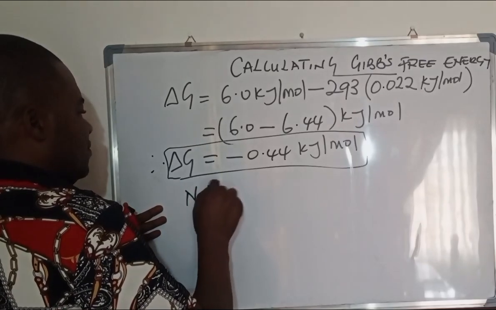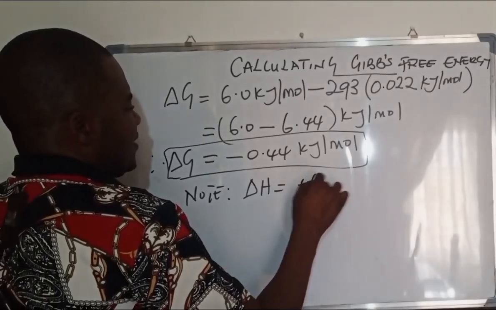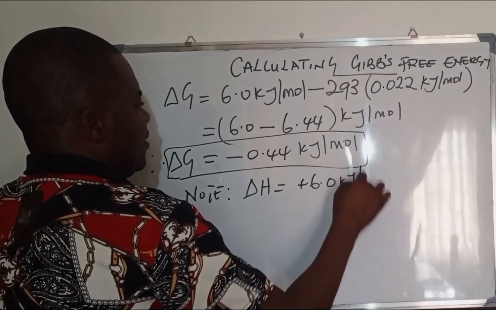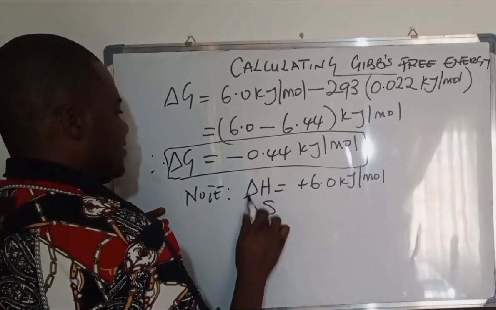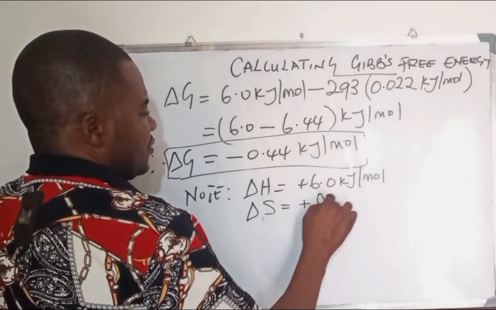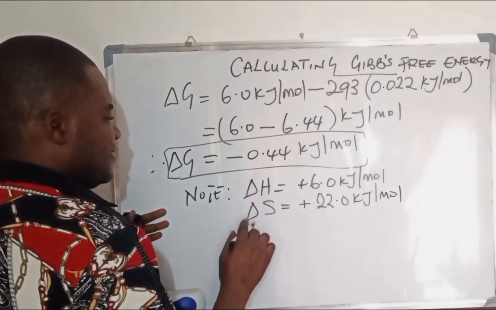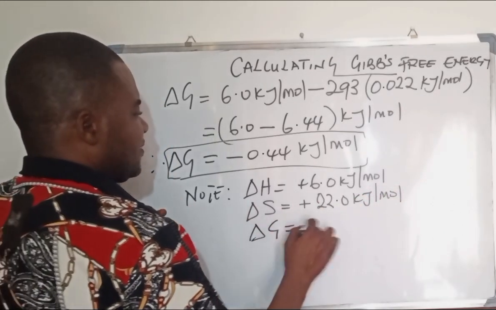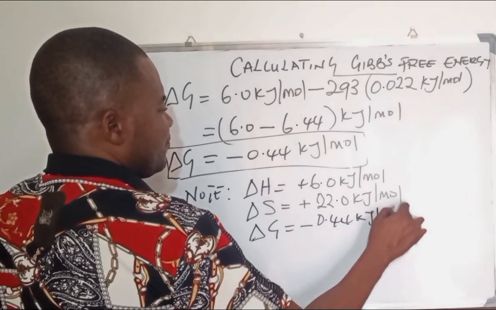Note that our delta H was plus 6.0 kilojoule per mole, our delta S was plus 22.0 kilojoule per mole, and now our delta G is minus 0.44 kilojoule per mole.